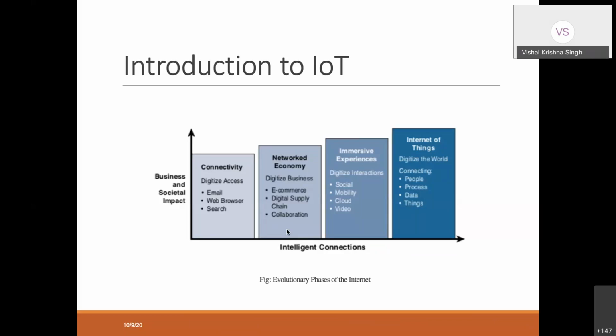Now, coming to the concept of IoT, if we see the definition of IoT, the name of this technology is enough to describe what it is about: Internet of Things, which describes a network of physical objects.